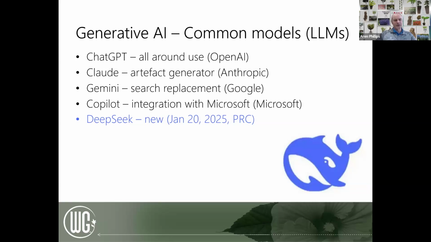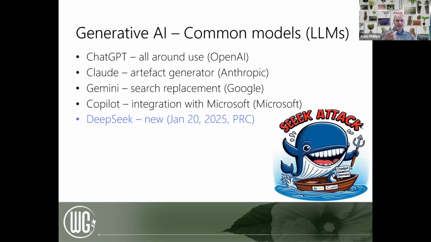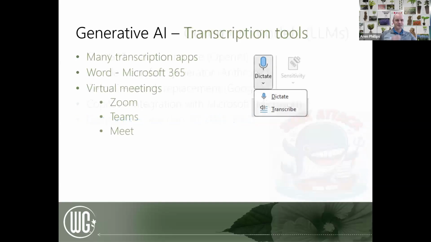So be really careful with this one. It's already had a major data breach, so just be really careful with it. I think it needs time to play out. But then I designed this little cartoon. It's just kind of funny, Seek Attack, with the other LLM sitting in the boat. But yeah, we can move on from there.